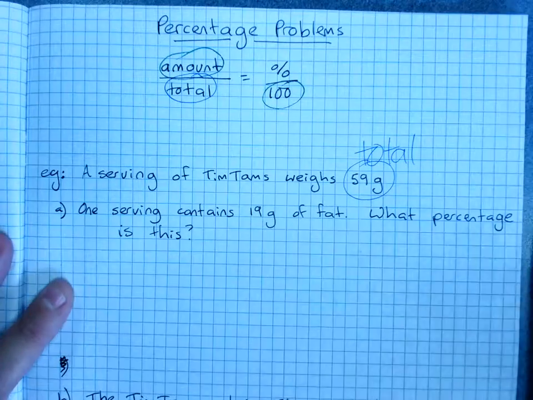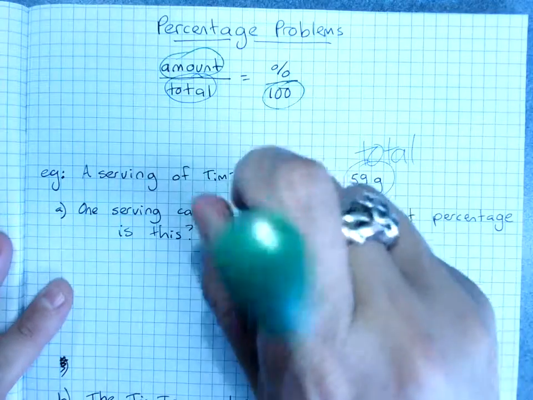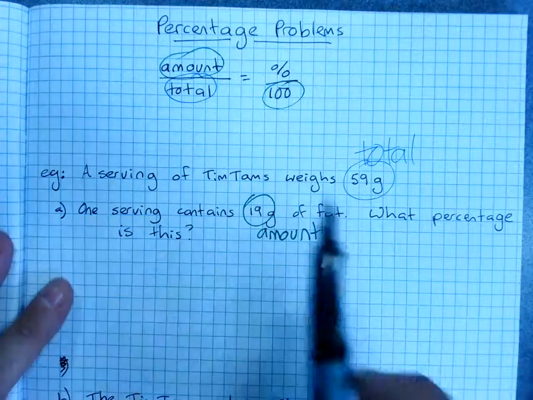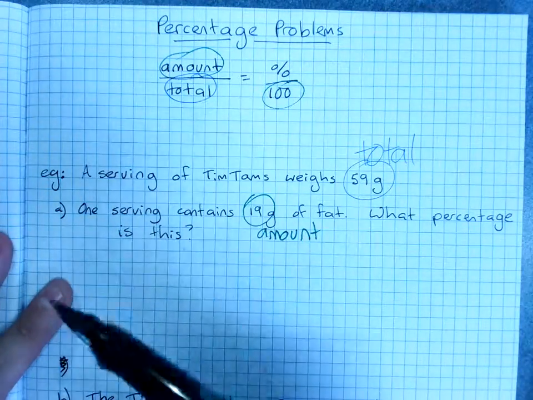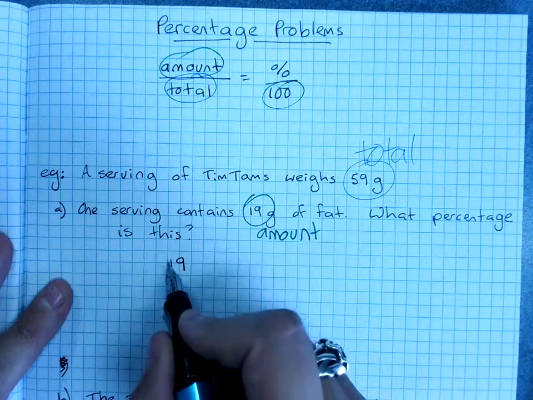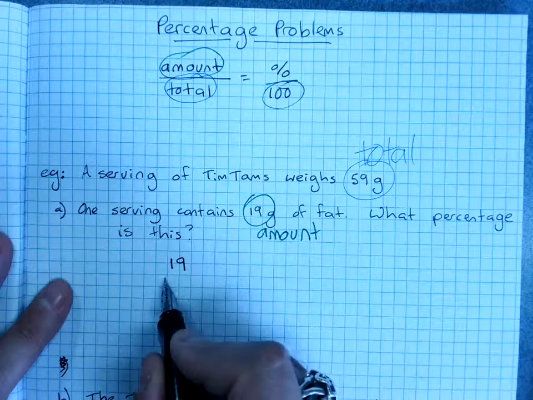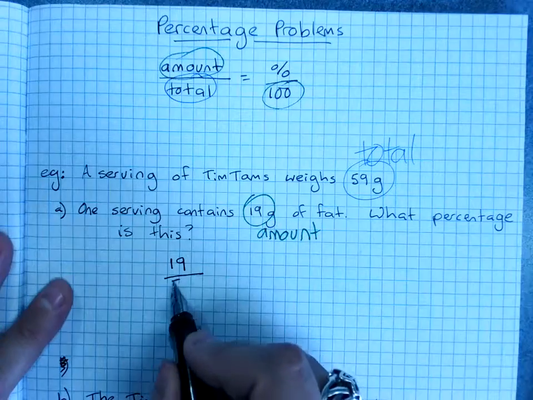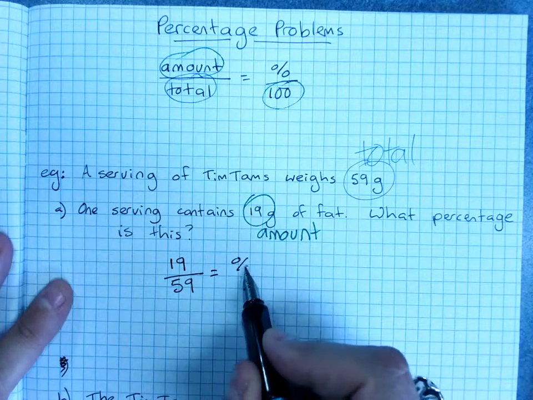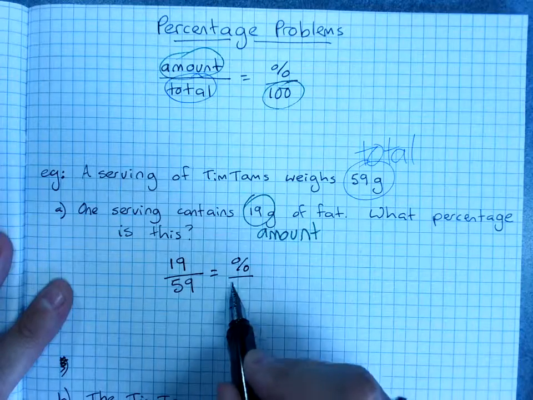This is our total. And this is our amount. So we go back to this strategy and we write our amount, 19, without the grams because we don't put units in working, out of the total, 59, equals the percentage, which we don't know, and that's what we want to find, out of 100.